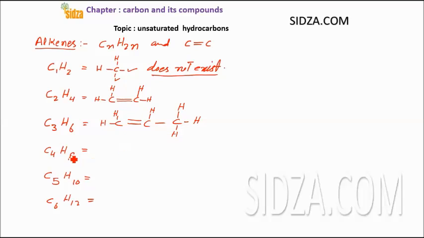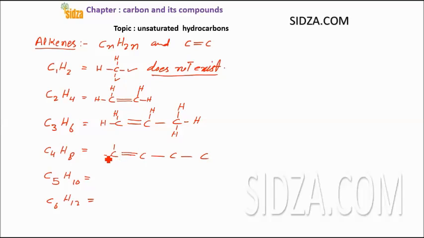Now let's draw the structure of the C4 member. Again, there are 4 carbon atoms, 1, 2, 3 and 4. Since it belongs to the alkenes, I can have a double bond, and you can put the double bond anywhere. Let's say we have a double bond over here. Now I'm going to add the hydrogen atoms to complete the valency.